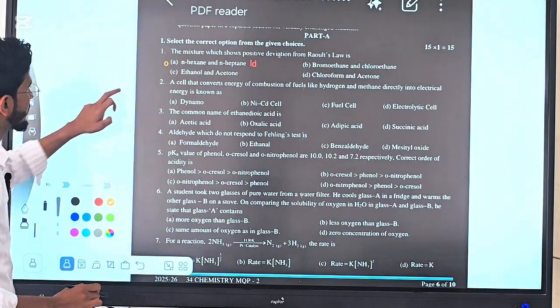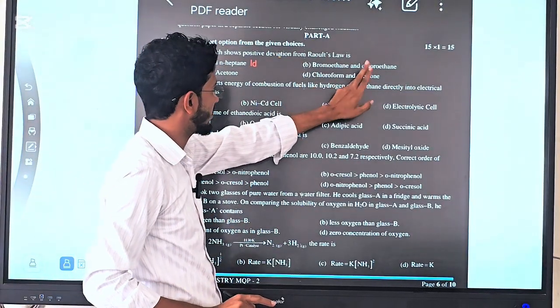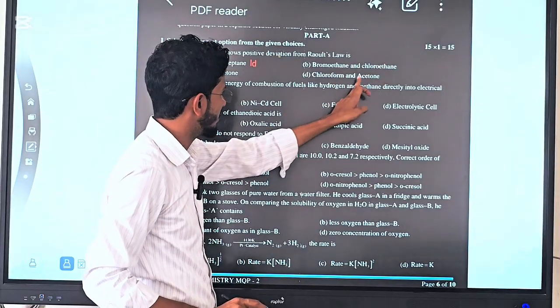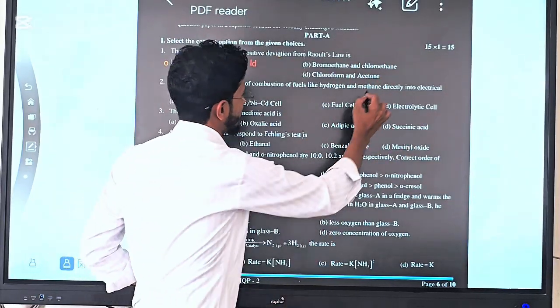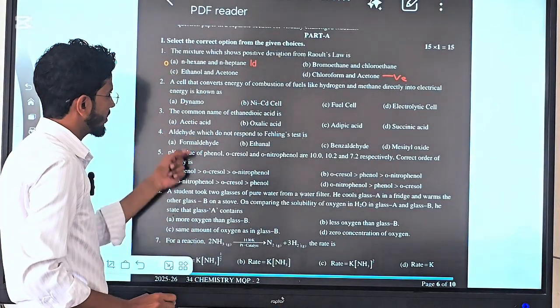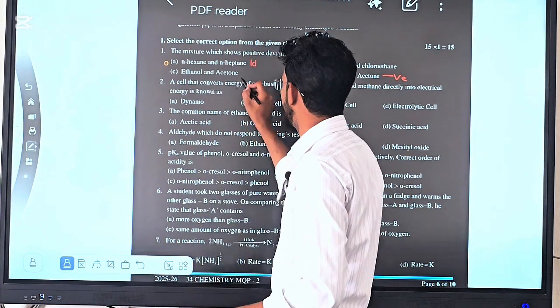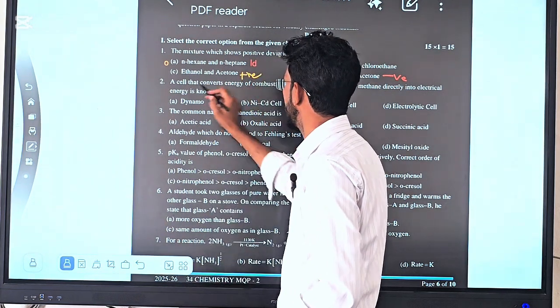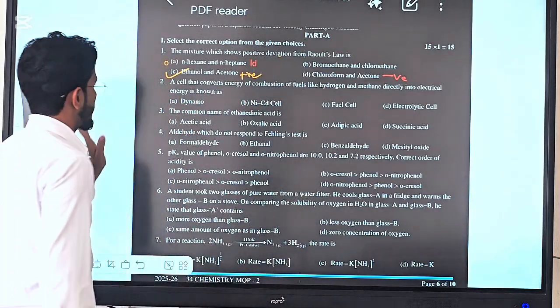This is an example of an ideal solution, so this will not be our answer. Bromomethane and chloromethane will also show negative deviation. If chloroform comes in an option, that will show negative deviation from Raoult's law. And if ethanol comes with any of the compounds or mixtures, that will show positive deviation from Raoult's law. The answer of the first question will be C.